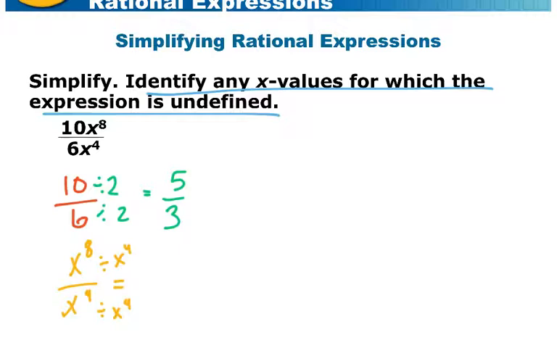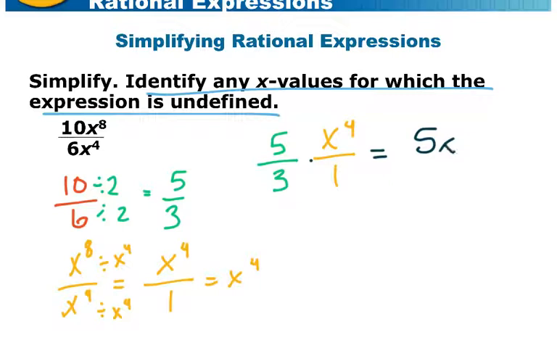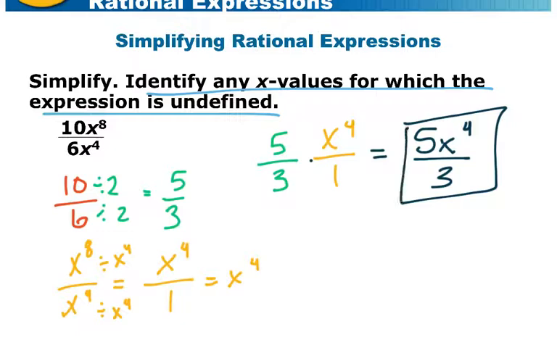So if we divide out x to the 4th, which leaves just a 1, you get x to the 4th over 1, or just x to the 4th. It's probably easier to put them back together if we imagine it as x to the 4th over 1, because now we have 5/3 combined with x to the 4th over 1. And so combining those together, you get 5x to the 4th on top and 3 on bottom. And so this is our simplified solution.